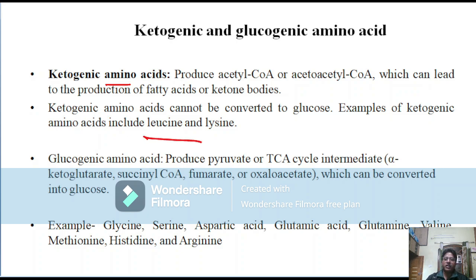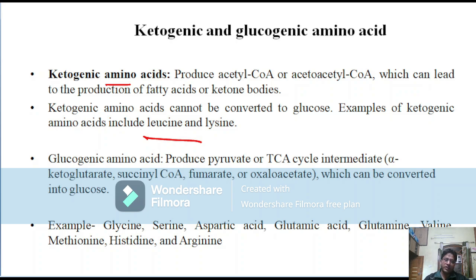They cannot be converted into glucose, whereas some amino acids are called glucogenic amino acids, which produce pyruvate or a TCA cycle intermediate, such as alpha ketoglutarate, succinyl coenzyme A, fumarate, or oxaloacetate. These are all TCA cycle intermediates, which are converted into pyruvate, and through gluconeogenesis can lead to the production of glucose.